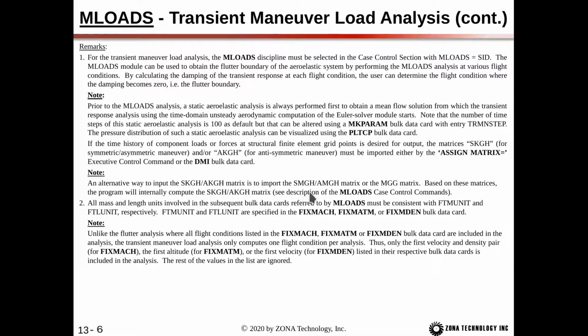And then as a further option, if you don't want to import MGH, you can import just the MGG matrix. So ZEUS will compute SMGH or AMGH based on the phi matrix, the modal matrix, and the MGG that you import, and then it will calculate SKGH or AKGH from SMGH or AMGH.